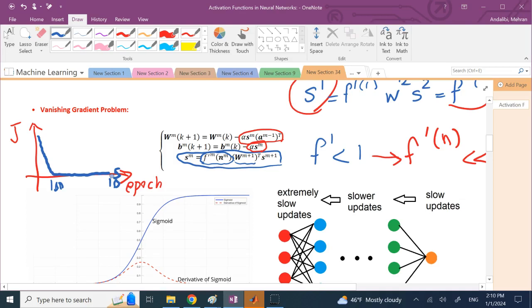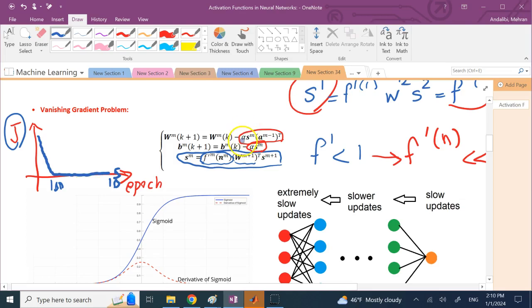This cost function starts to go down slowly, especially when the errors are not big, because remember, this cost function depends on the error, and so when the error goes down, not only is the error small, these gradients are also small, and so you're going to have a hard time getting the network to improve any further.